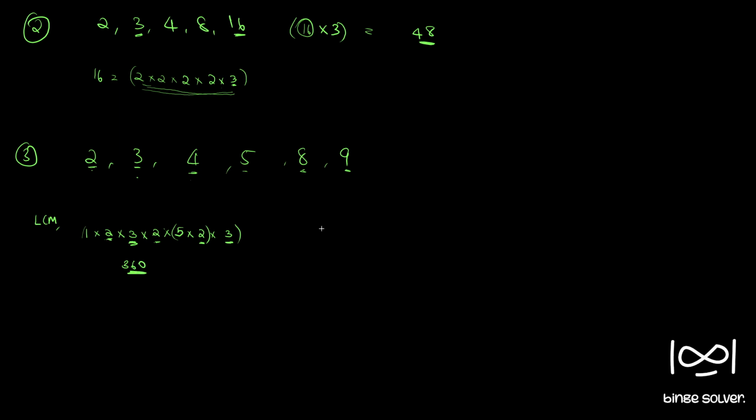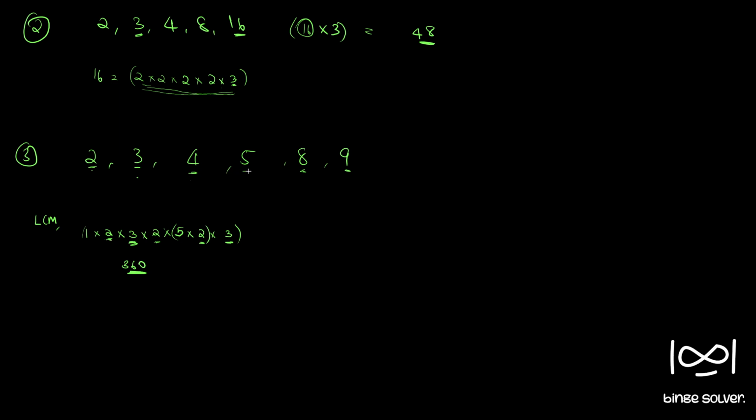Once you do some practice problems like this, just write down some random numbers and try building LCM like this. Once you have done enough questions, you will realize that you don't have to write all this. You don't have to build LCM by writing down each element like this.